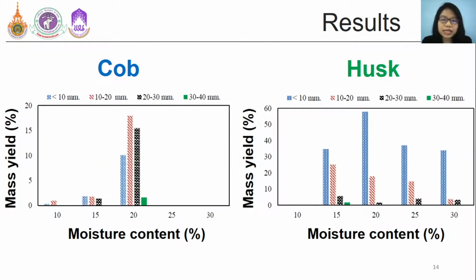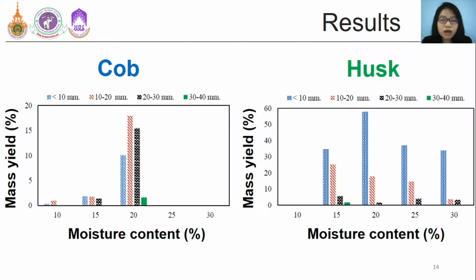For pellet length, corn husk pellets were shown to have higher yields of formed pellet for all lengths at the same initial moisture content. For the pelletized corn cobs, the highest yield of the formed pellets and the longest pellet lengths in the range of 30 to 40 mm were found at the initial moisture content of 20%.